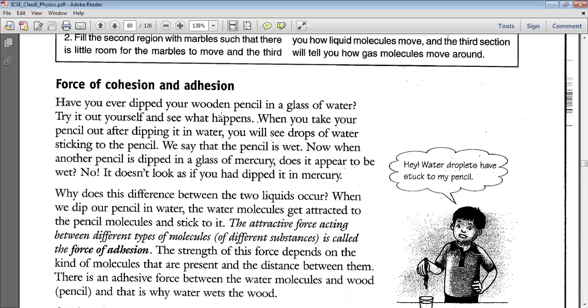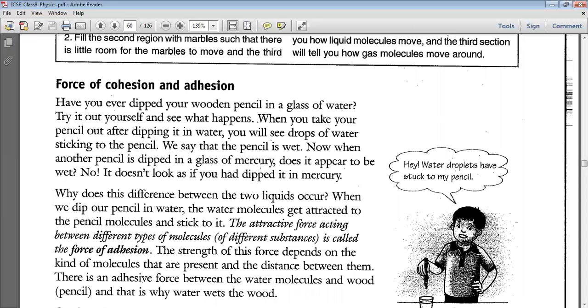That means drops of water get attached to the pencil. Now when another pencil is dipped in a glass of mercury, very interesting, after you take it out, it does not seem wet. Simply, you will not find any single mercury molecule getting attached to the pencil.